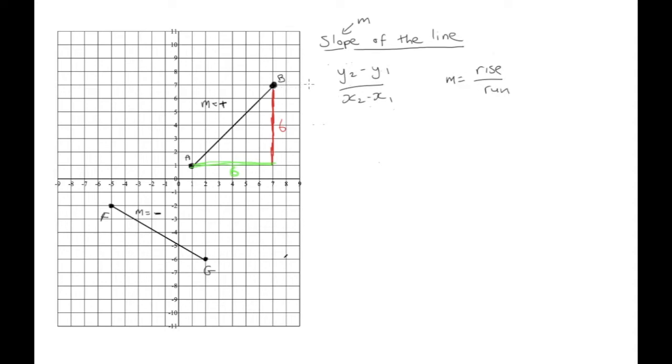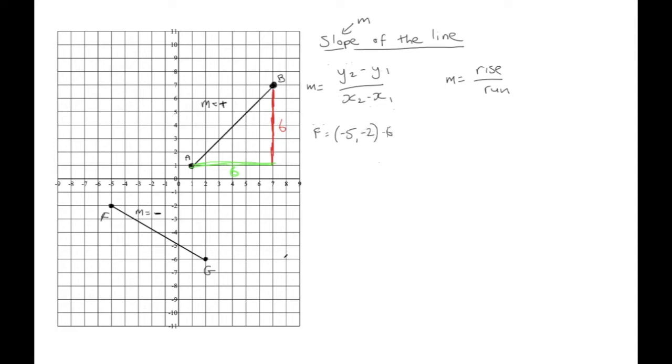M is equal to. So let's do the formula first. Let's write out the coordinates. We'll do F first. F is at minus 5 on the x-axis and minus 2 on the y-axis. So F is equal to minus 5 and minus 2.